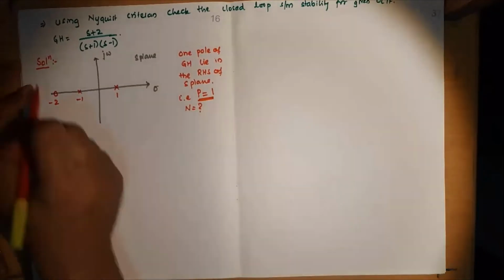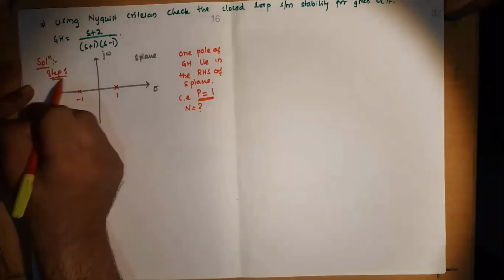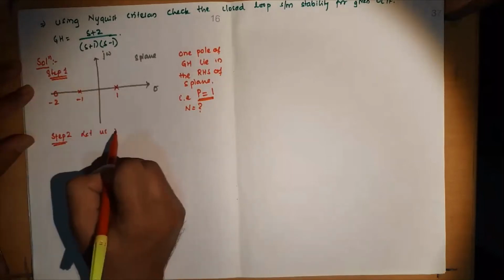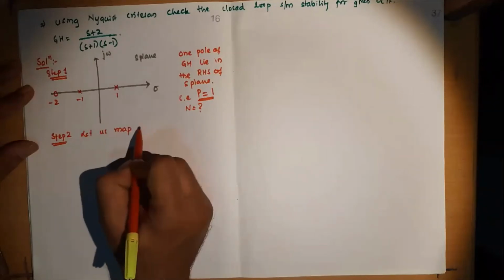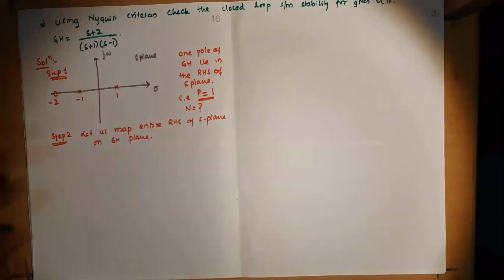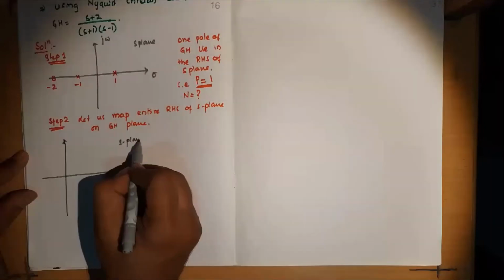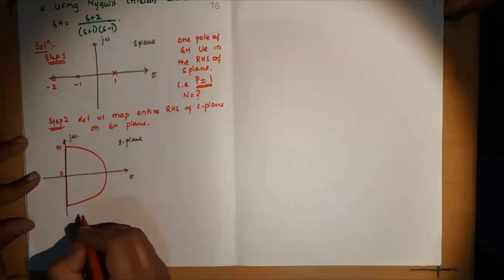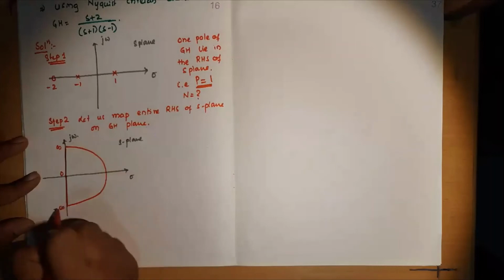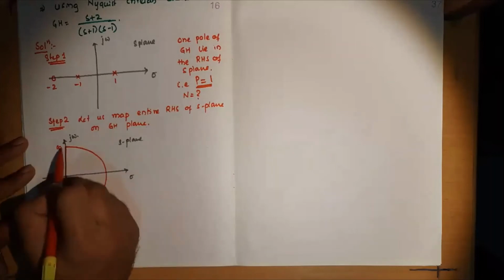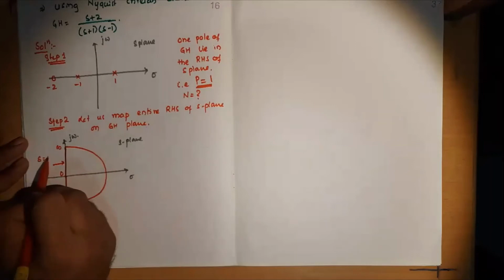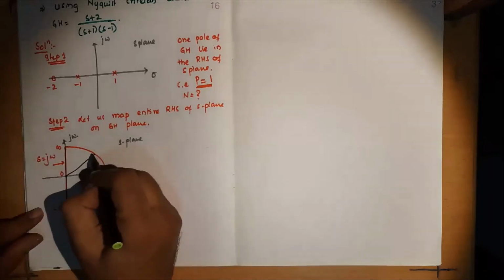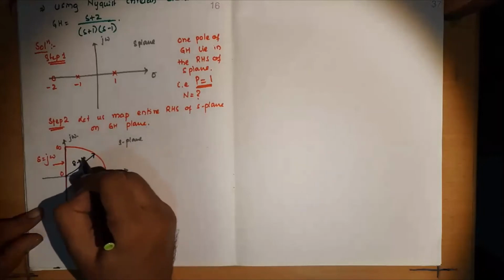Next, what is N? How many encirclements around minus 1 on the GH plane need to be found? So let us map the entire right half of S plane on the GH plane. I will show you the entire right half of S plane in this way. So this is where S is equal to j omega, and this is where radius r tends to infinity.